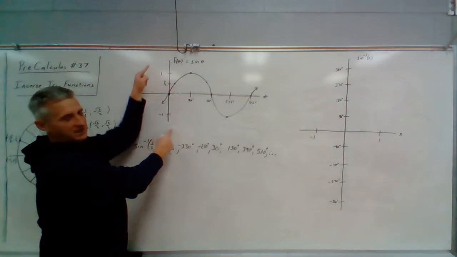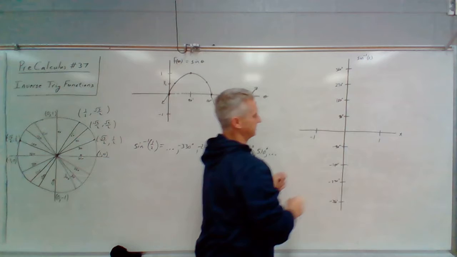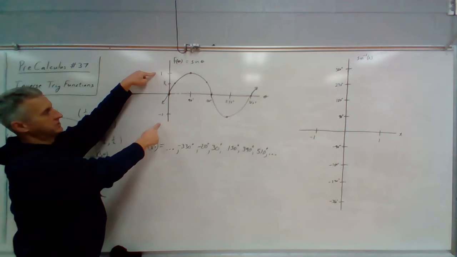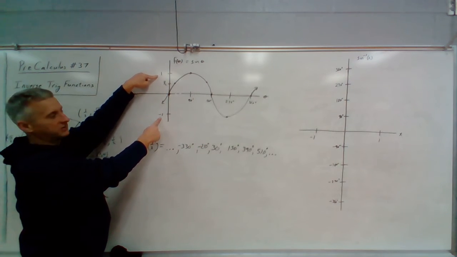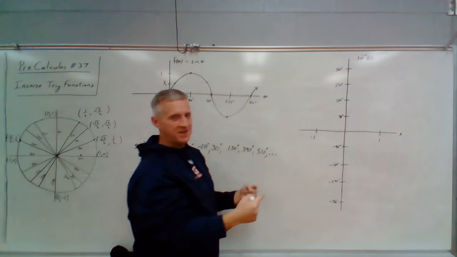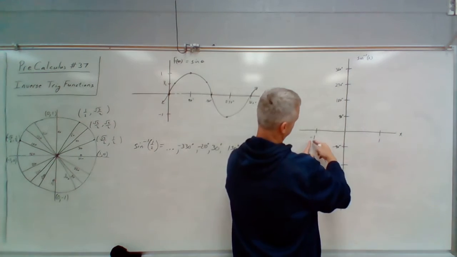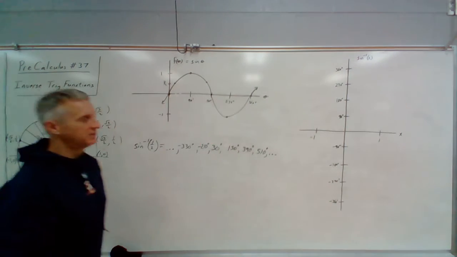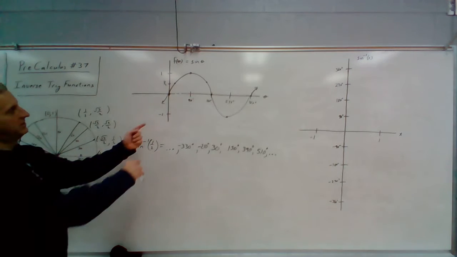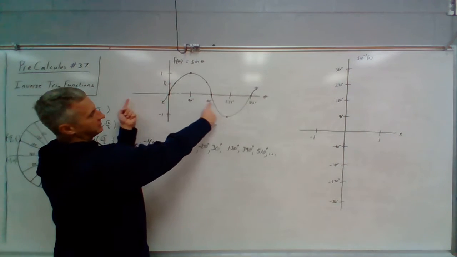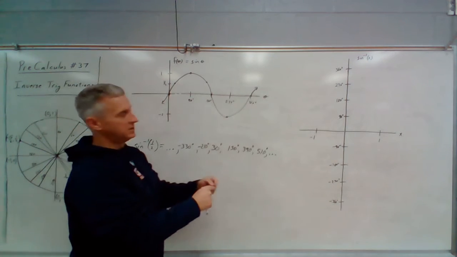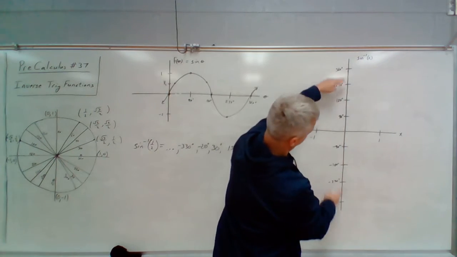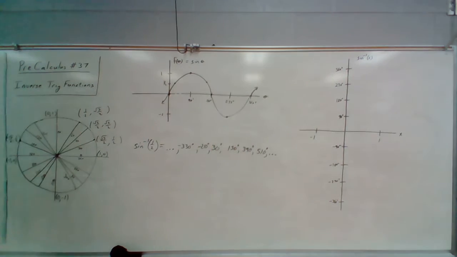But these points will now be on the horizontal axis. So the range of the sine function was from negative 1 to 1. So the domain of the inverse relation will be from negative 1 to 1. The domain of sine was all real numbers. So here the range of the inverse relation will be all real numbers.